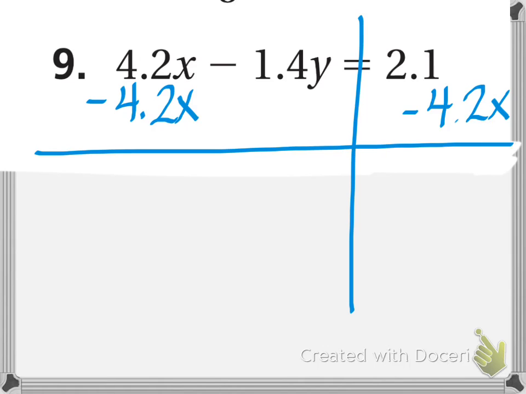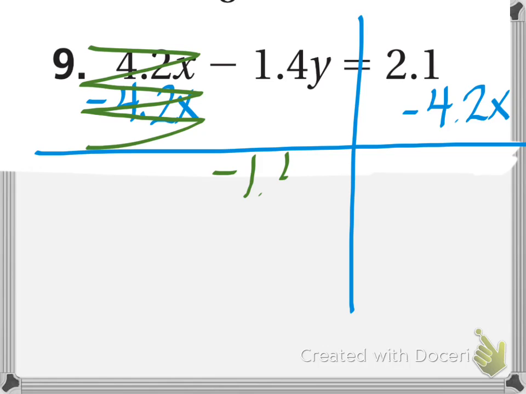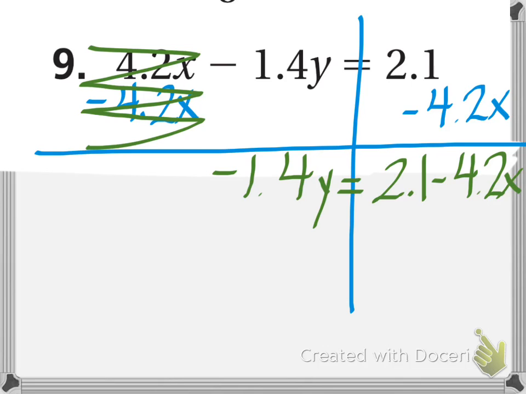Remember that these are not like terms, so they cannot be combined. These two can be our negative 4 and 2/10 x and our positive 4 and 2/10 x, so they're gone. So we are left with negative 1 and 4/10 y equals 2 and 1/10 minus 4 and 2/10 x.